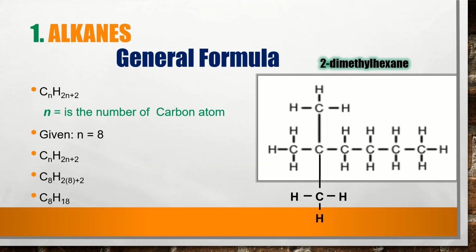Let's check if there are really 18 hydrogens in our structure. Let's count. 1, 2, 3, 4, 5, 6, 7, 8, 9, 10, 11, 12, 13, 14, 15, 16, 17, and 18. So, this is correct.